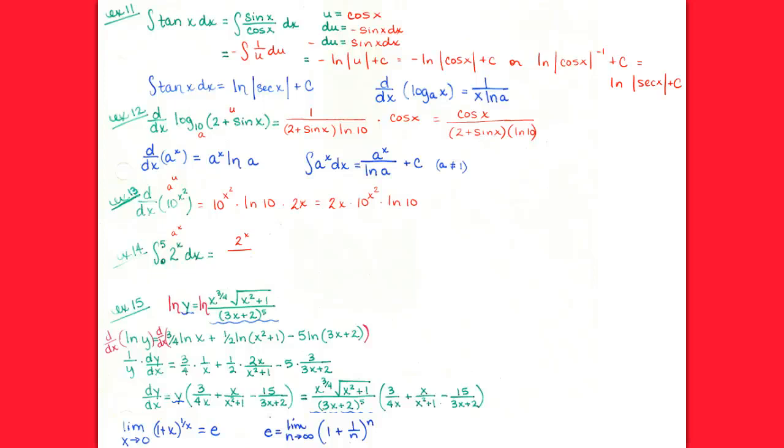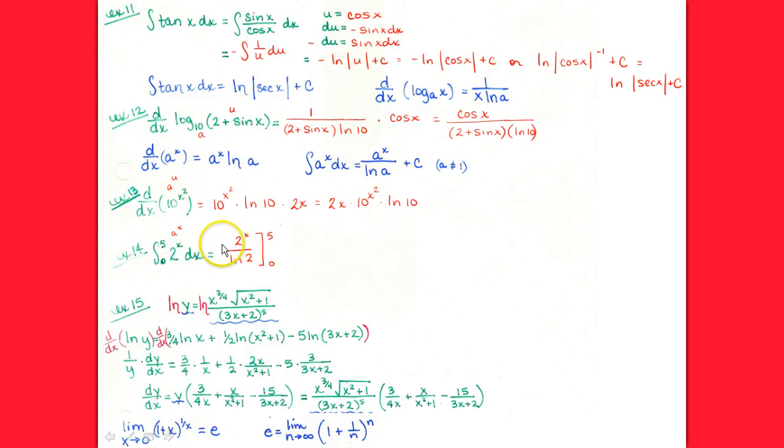So a to the x over ln a. Because we didn't do u substitution, I don't need to replace these x's with u's, so I can just leave my original limits of integration. All right, so let's go through and plug in 5.